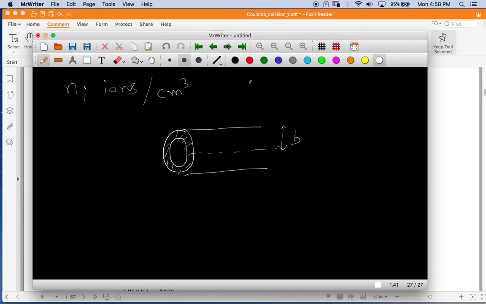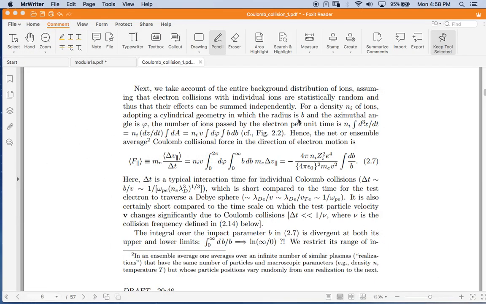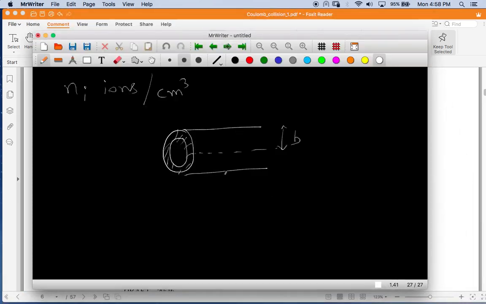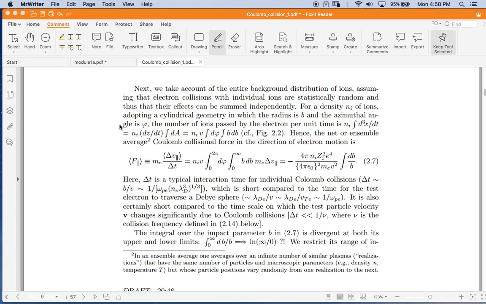So Ni has the dimensions of per meter cubed, and cylindrical geometry, radius b, like we said. This little thing would be some kind of a db. We are now going to generalize from the one electron, one ion result to a result where an electron is interacting with a host of ions, all contained in a cylinder.